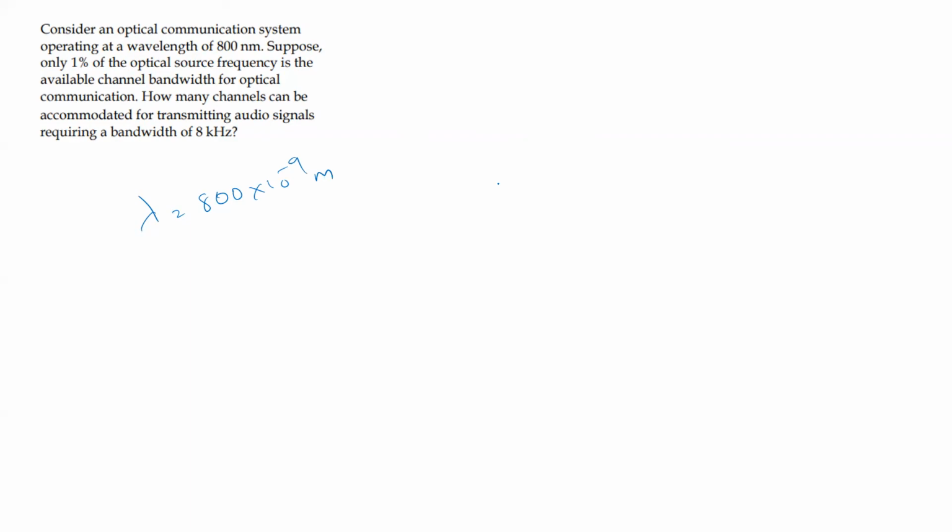So the number of channels for a given bandwidth is equal to the total bandwidth by the bandwidth needed per channel. So we need to find out the total required bandwidth. Frequency is equal to c by lambda. So you get frequency 3.8 into 10 power 14 hertz.